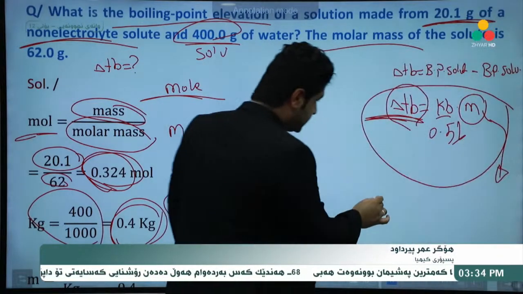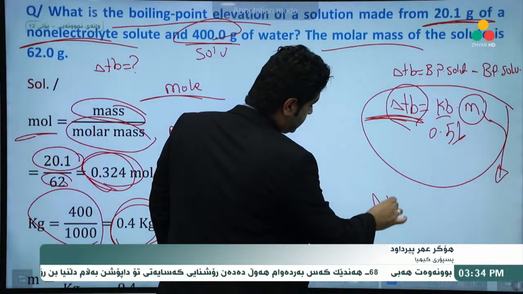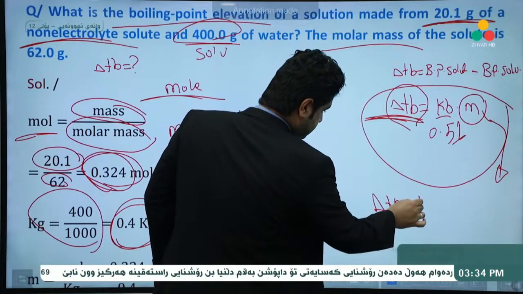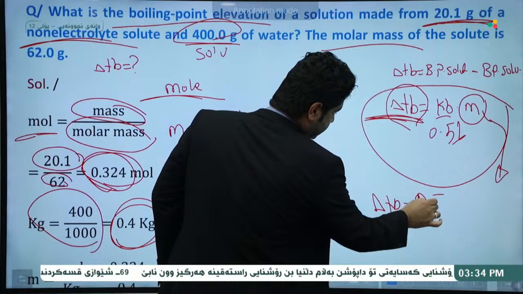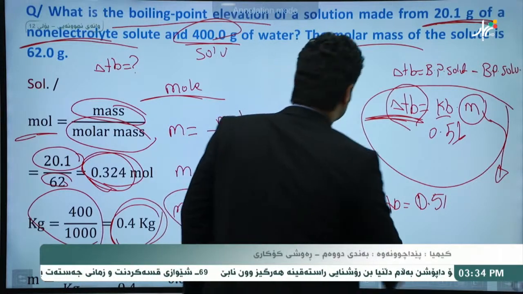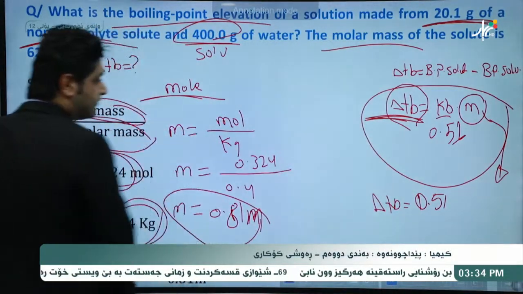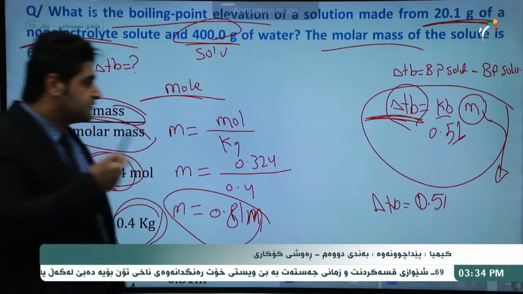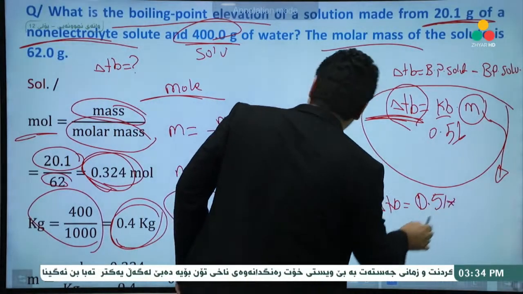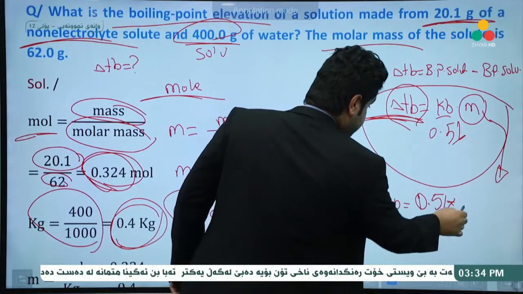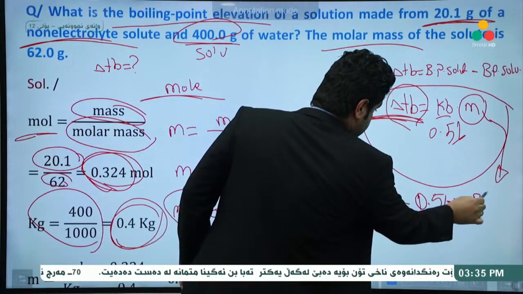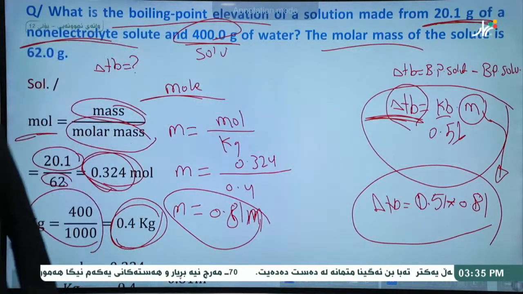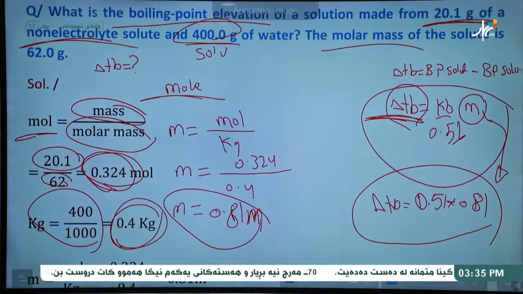Delta TB is equal to Kb, which is 0.51, times molality, which is 0.81. So we can get the value of delta TB in Celsius degree.